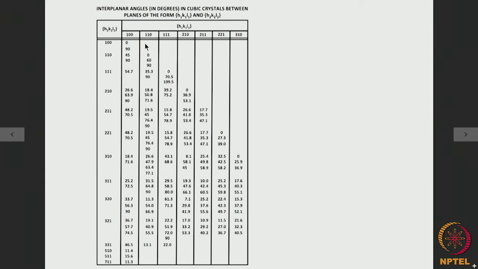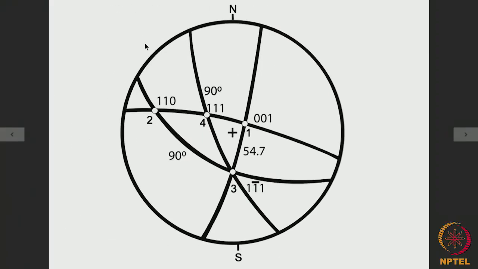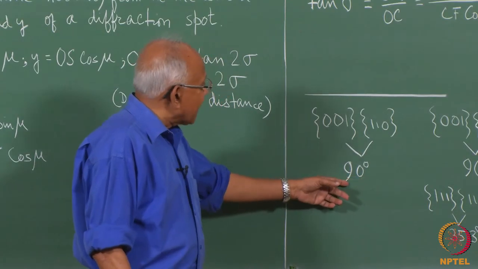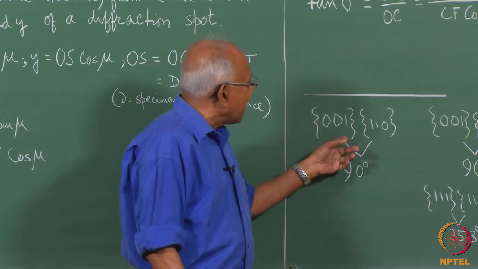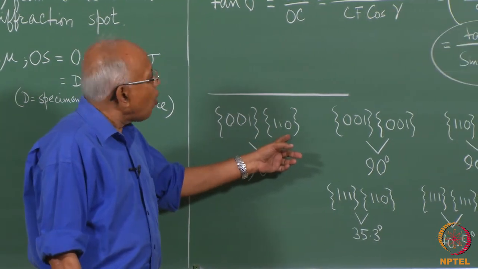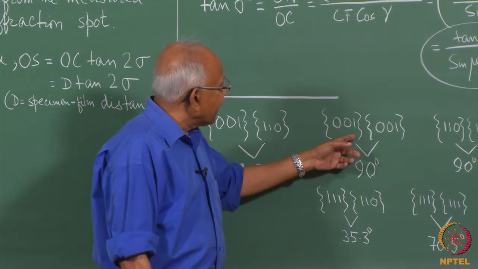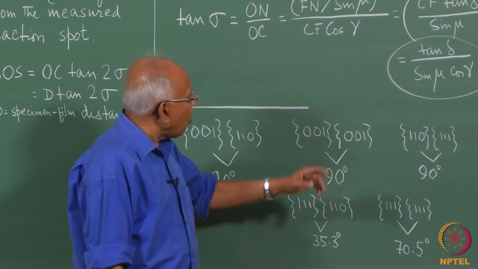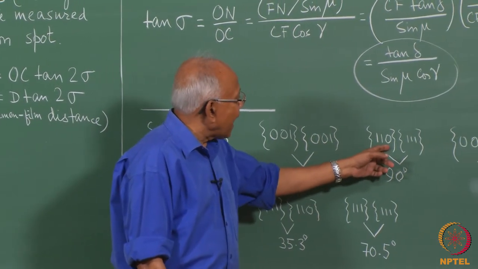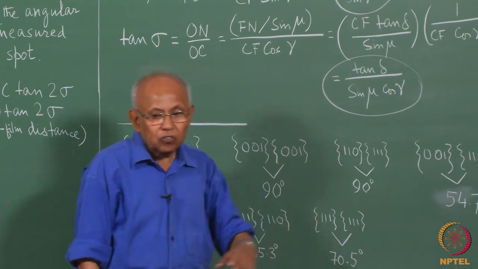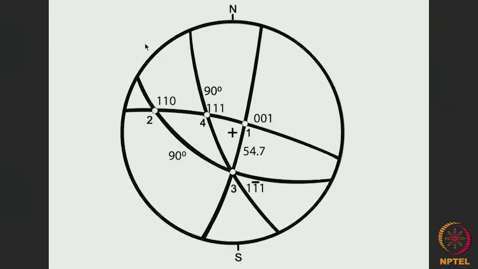Now, if we have a chart which gives us an idea of the angles between different types of planes in the cubic system, we see that a 90 degree angle can be between a 001 and a 110 plane, or between a 001 and a 001 plane, or between a 110 and a 111 plane. So, here we find that between this pole and this pole it is 90 degrees, and between this pole and this pole it is 90 degrees.